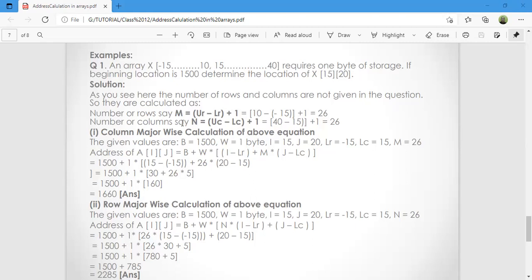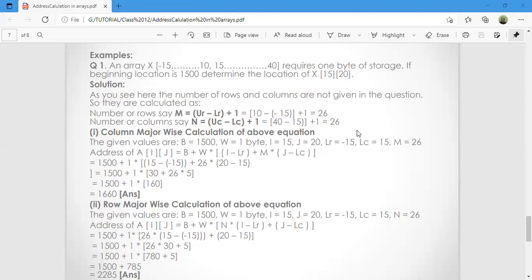Okay, so here we first put the values in the formula. First we need to find out the number of rows and number of columns, which is the difference of 10 and minus 15 plus 1, and the difference of 40 and 15 plus 1. So that gives 26, 26. The base address B is 1500. W, that is the width of each cell, is 1 byte of storage, and the values of I and J are 5 and 20.